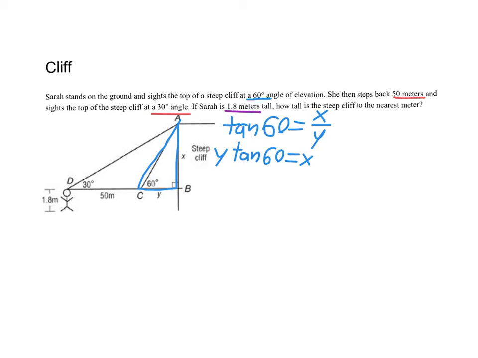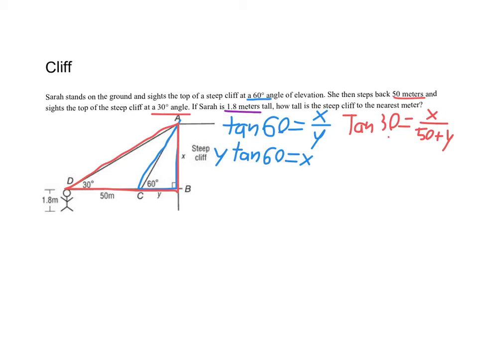I also have the red triangle from A to B to D that's formed after Sarah steps back 50 meters. This triangle would be of the equation the tangent of 30 is equal to still that same x divided by 50 plus y.